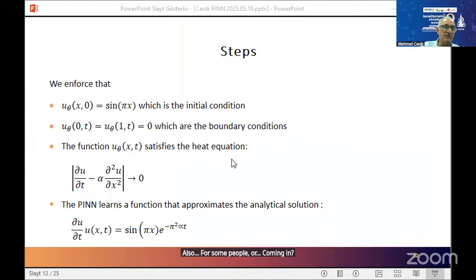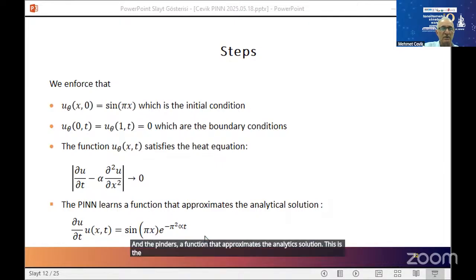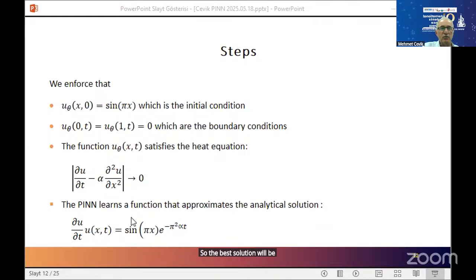The solution function must satisfy the heat equation, and the PINN learns a function that approximates the analytic solution. This is the known analytical solution, so the best solution will be equal to this one. We made these steps just by using ChatGPT.